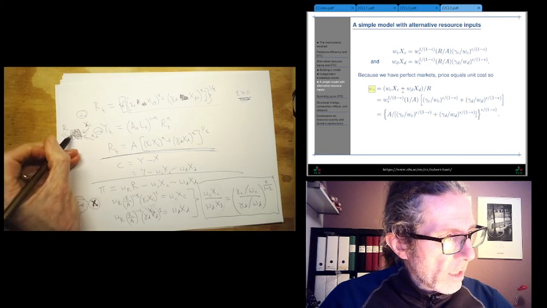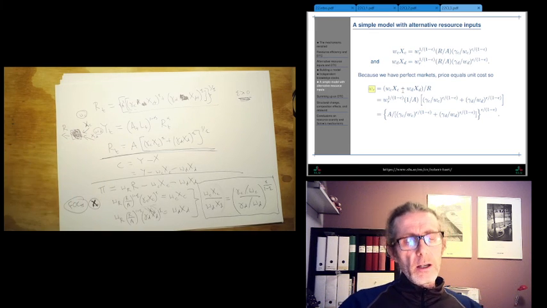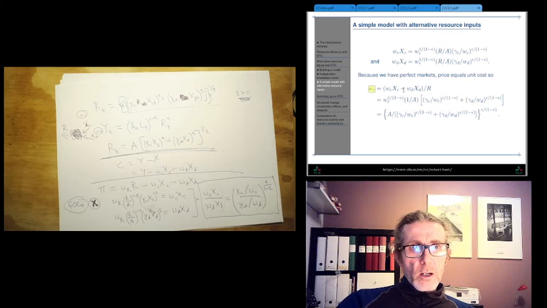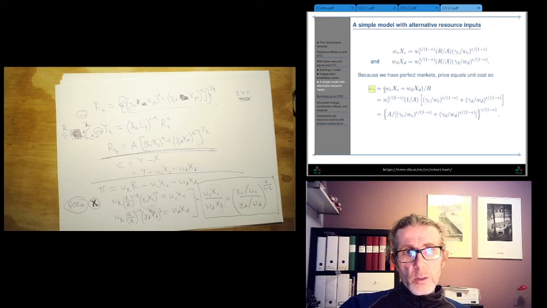Remember, XC and XD are coming in and R is coming out. What happens to the price of R? Given perfect markets, it depends on unit cost, which is the total cost of inputs divided by the total quantity. The total cost of inputs is WCXC plus WDXD, which is this, which we can then write as this.